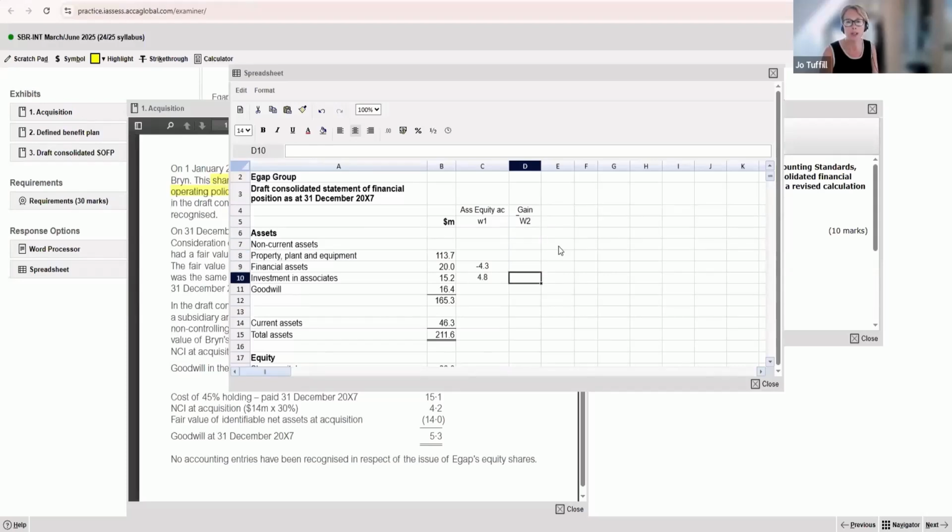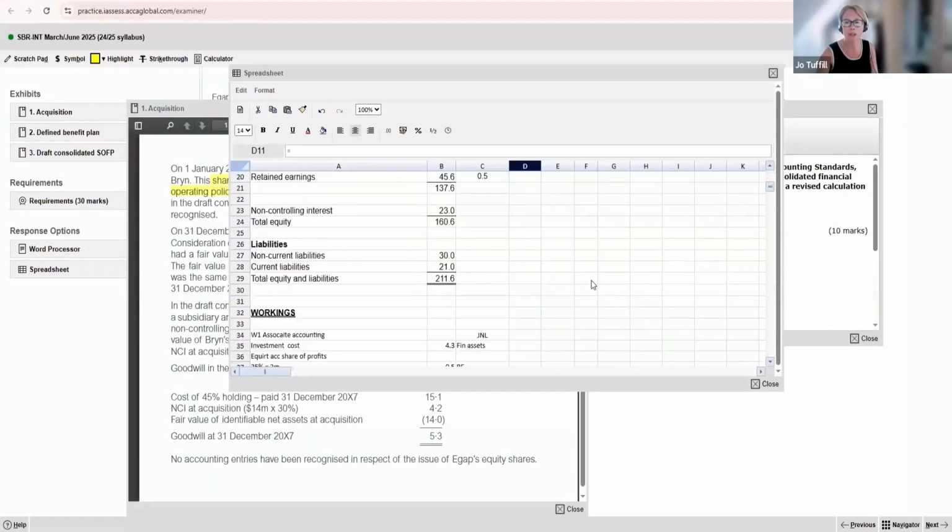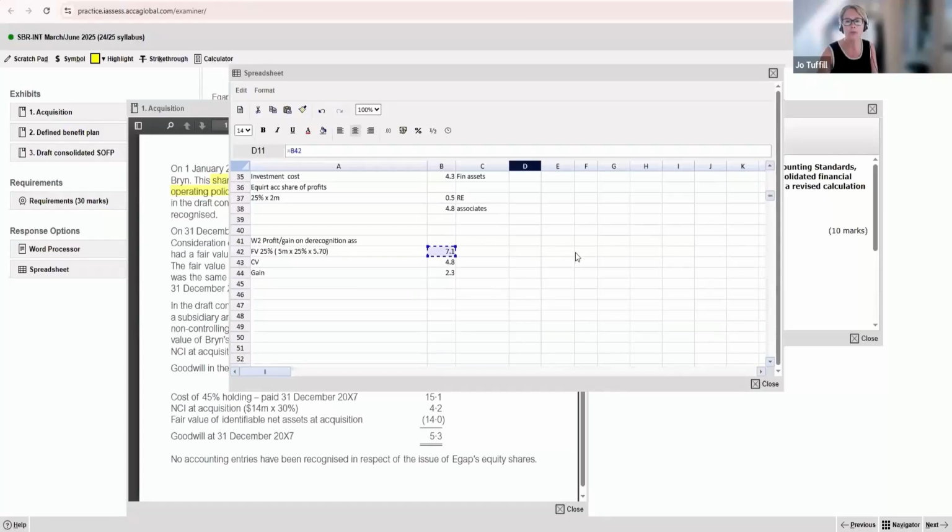And we are going to derecognize the associate and put it into goodwill. So what we do is we take out the 4.8. We put it into goodwill consideration, and I can't remember what it was now. Go down. This is why it's always best to reference your workings. 7.1.